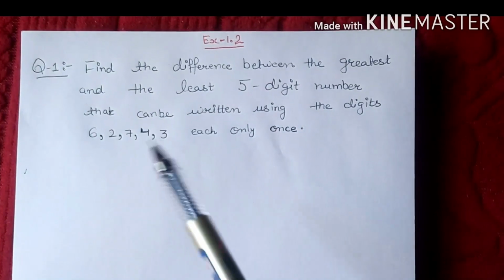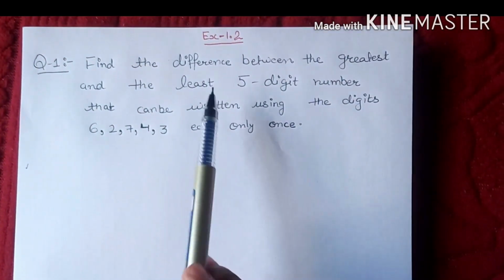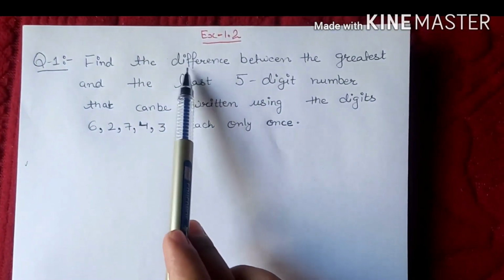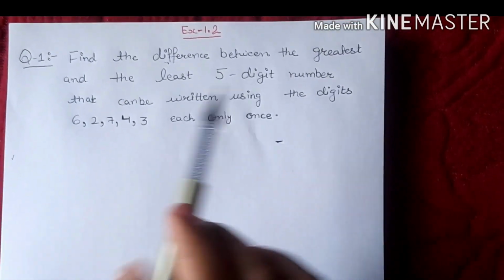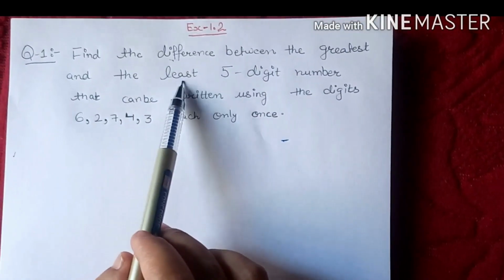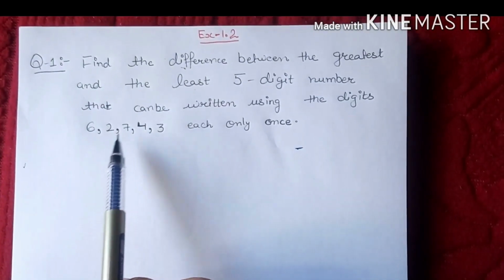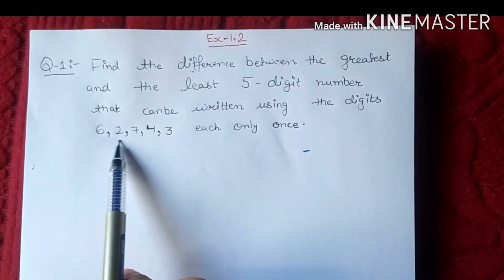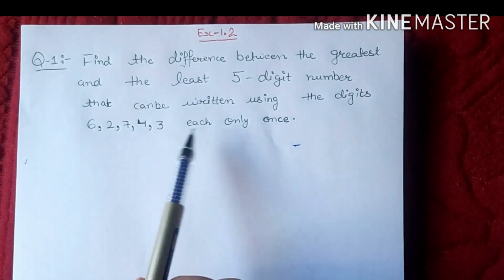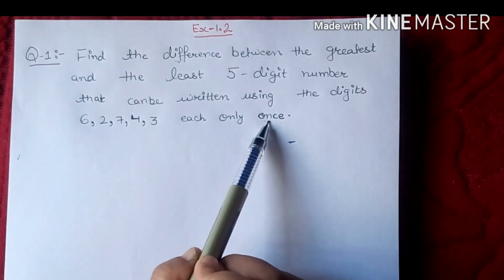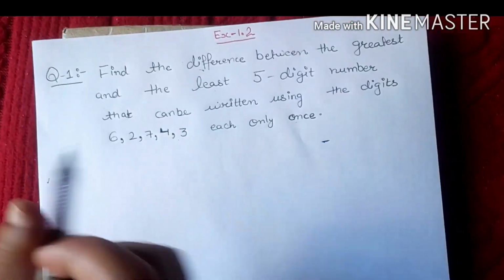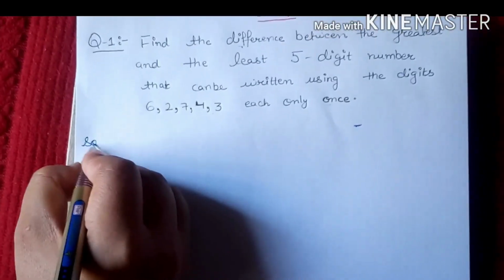It means we have to find the difference, meaning subtraction, between the greatest and the least number that we can form using these digits, and the condition is that we have to use each digit only once. So we can start our solution.